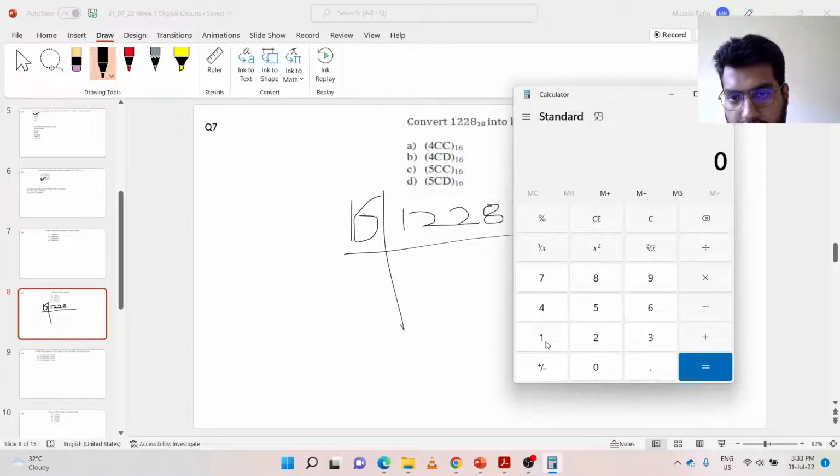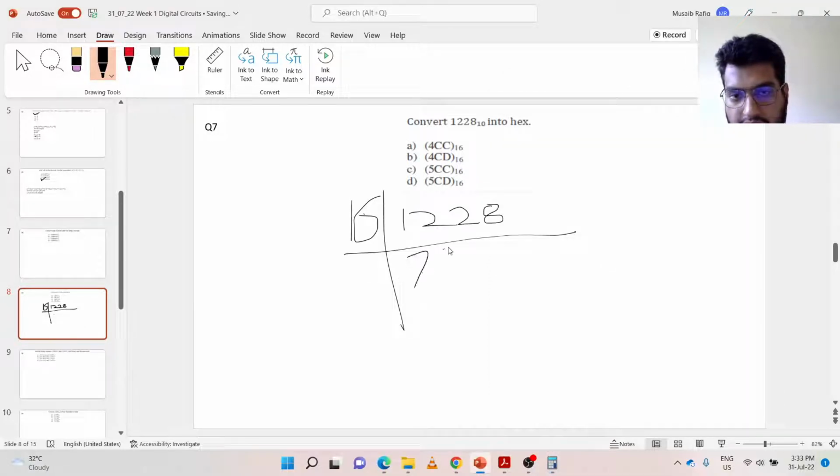So 16 multiplied by 76 is 1216, and 1228 minus 1216, the remainder is 12.